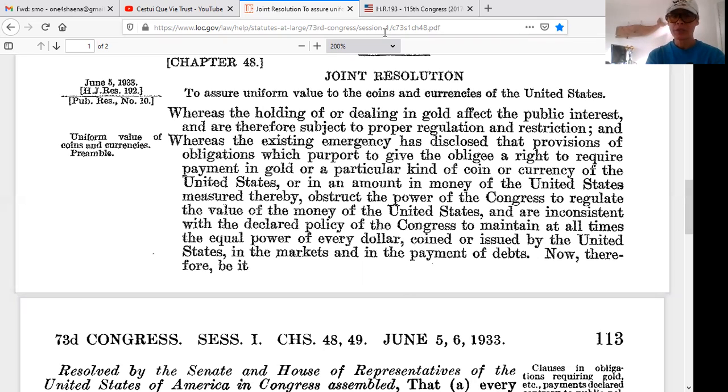Joint resolution to assure uniform value to the coins and currencies of the United States. Whereas the holding of or dealing in gold affect the public interest and are therefore subject to proper regulation and restriction.